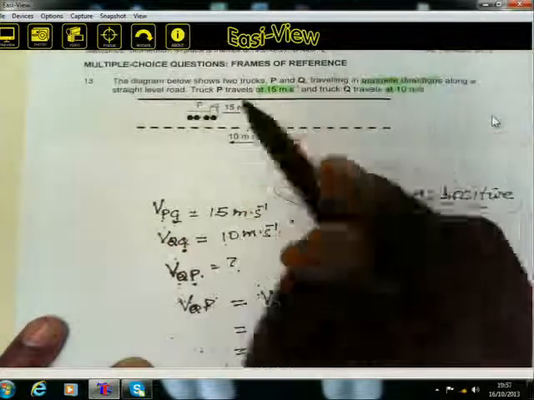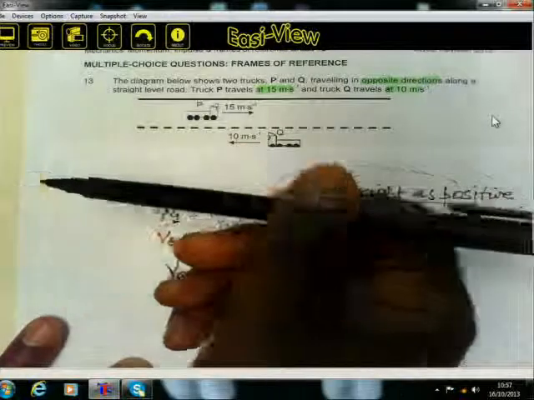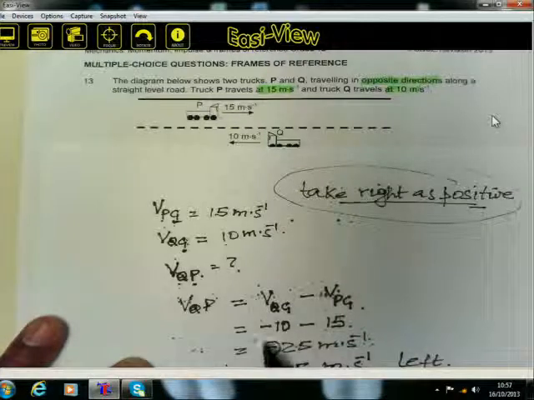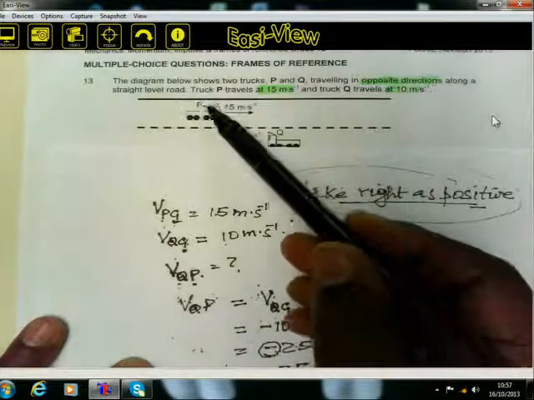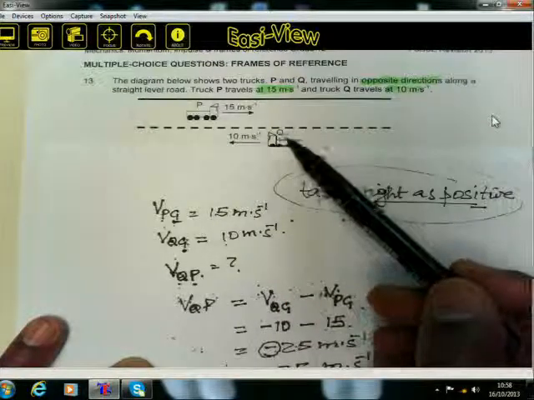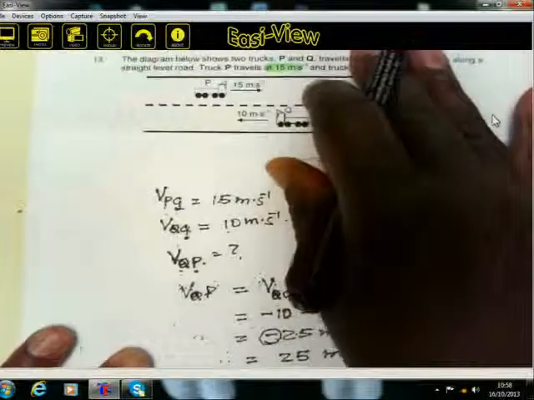The person in that car sees Q moving to the left, because Q is moving towards P. So this negative here tells us that the person in the track P will observe Q moving in the direction opposite to their direction.